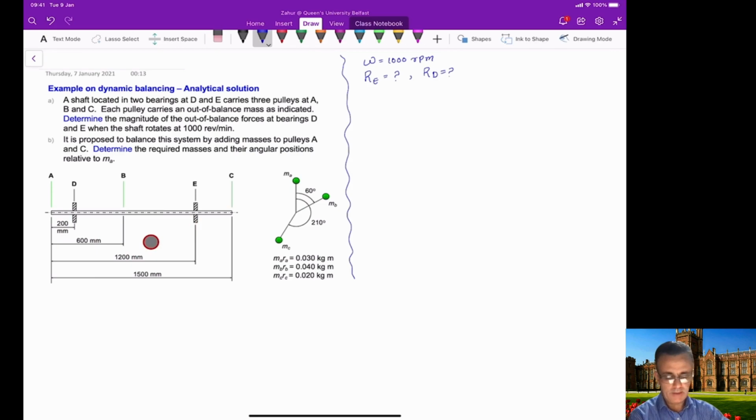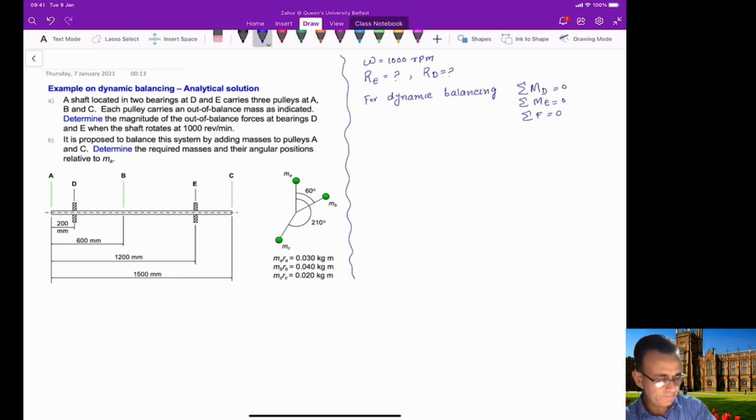Now we will try to solve this problem analytically. The procedure is the same, so we'll be using the same equations, and we know that for dynamic balancing we have these three conditions: the summation of all the moments at D equals 0, the summation of all the moments at E equals 0, and the summation of all the forces equals 0.